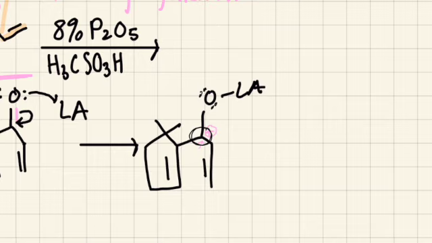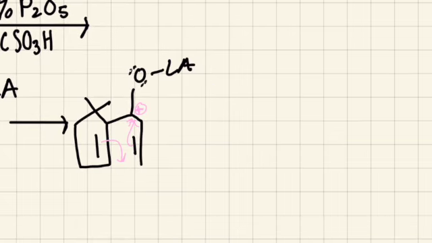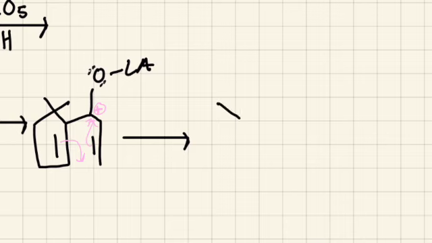To help that, we're going to break these pi bonds and push this pi bond to break here, and it will fulfill the carbocation that is electron deficient right now.